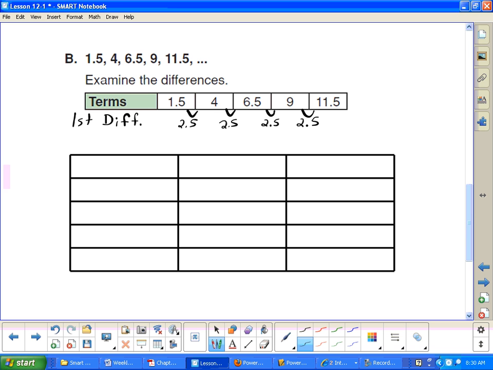Okay. So the first difference is a constant. So that means this one's going to be linear.